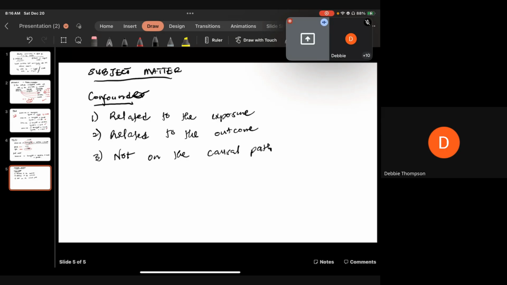Okay? The third variable that is related to the exposure, related to the outcome, and not on the causal path.